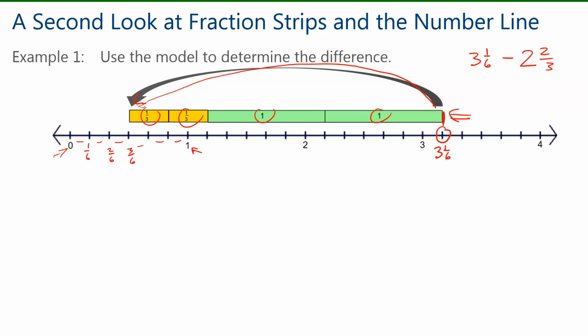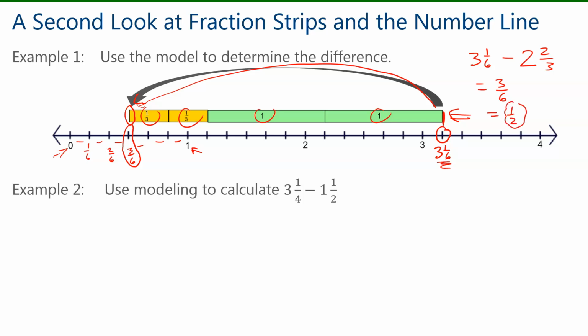The question is, well, where do we end up when we take those away from 3 1/6? Well, I end up right here, which coincides with 3/6. But in this case, we can't leave our answer as 3/6 because that can reduce to 1/2.